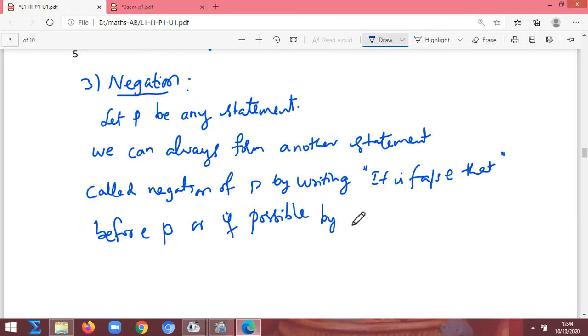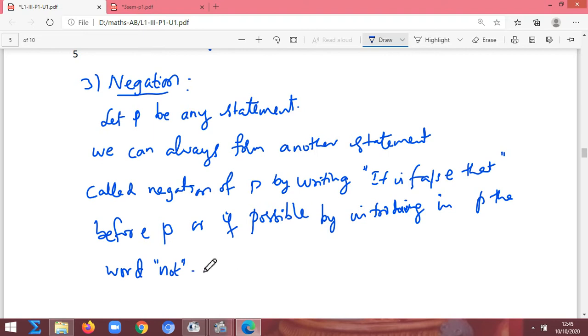by introducing in P the word not. So I am going to use the word not in the statement P, then I am going to get a negation of this. Okay.